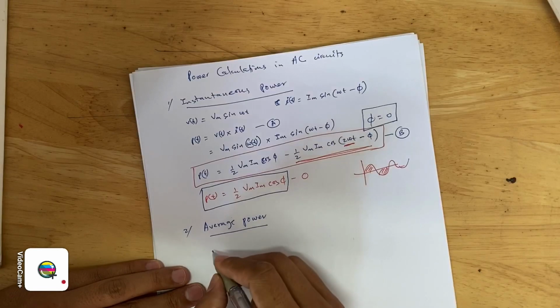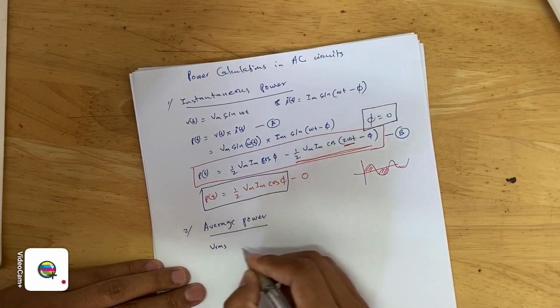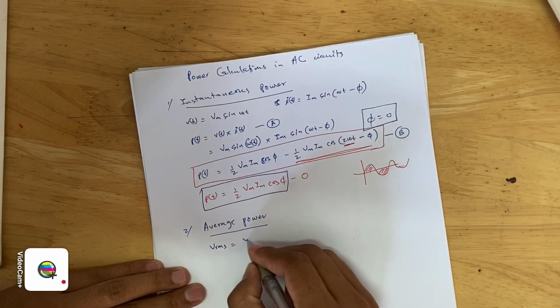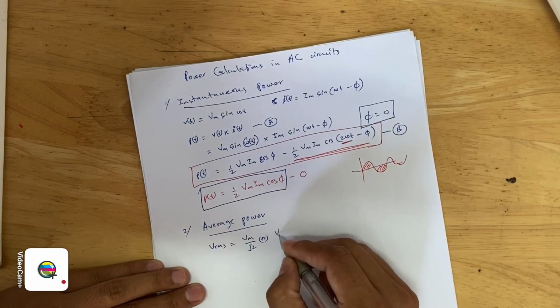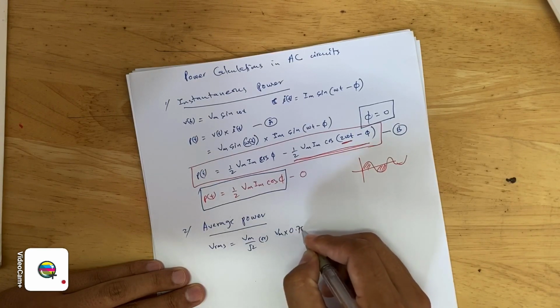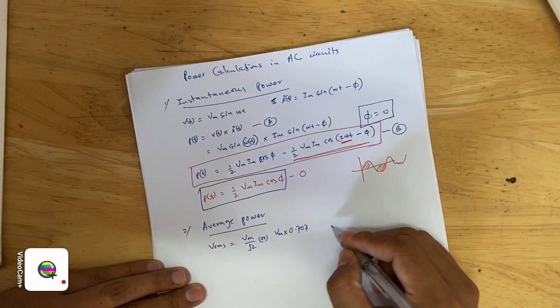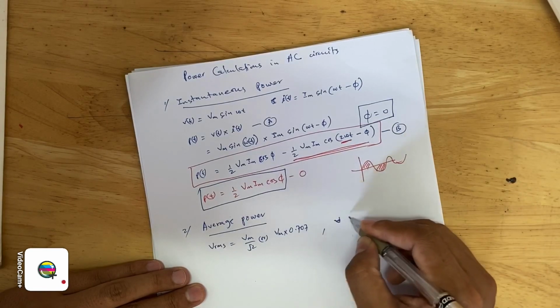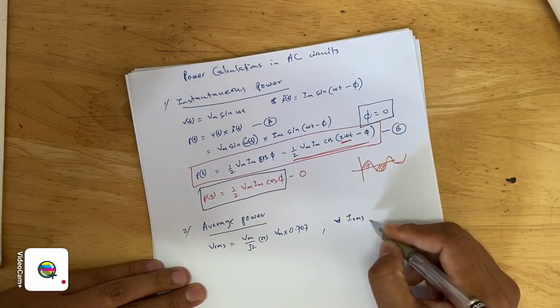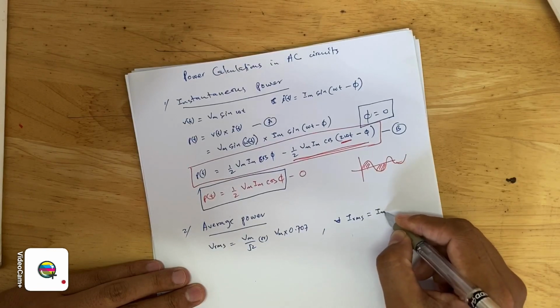The root mean square V RMS is given by Vm by root 2, or we can also write Vm times 0.707, and for the current, I RMS is equal to Im times 0.707.